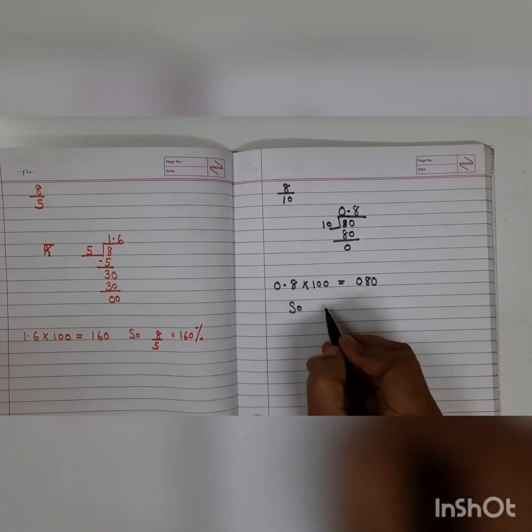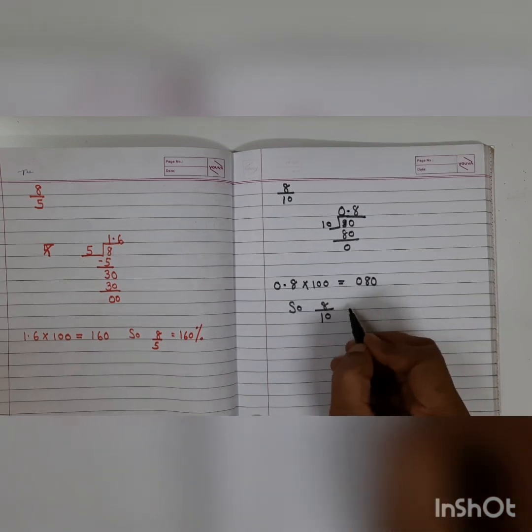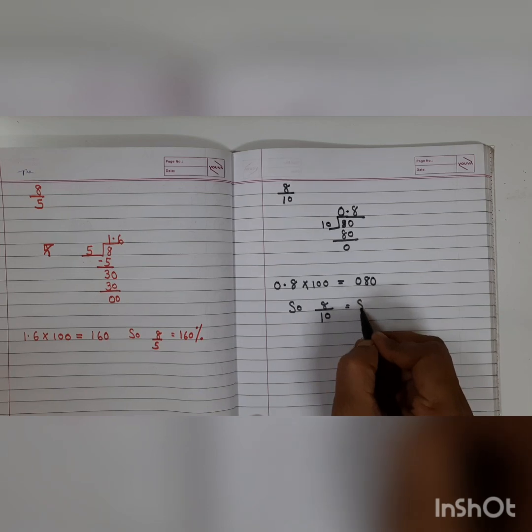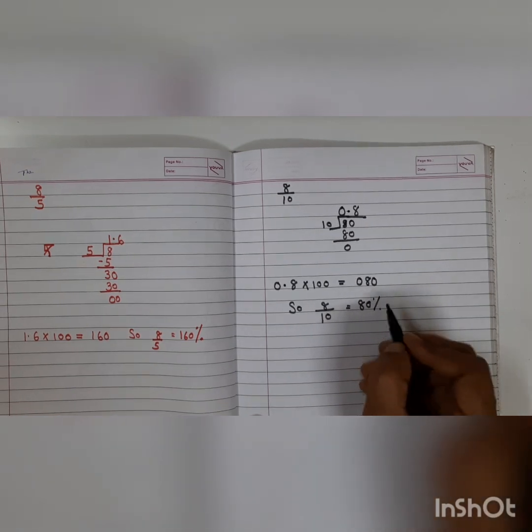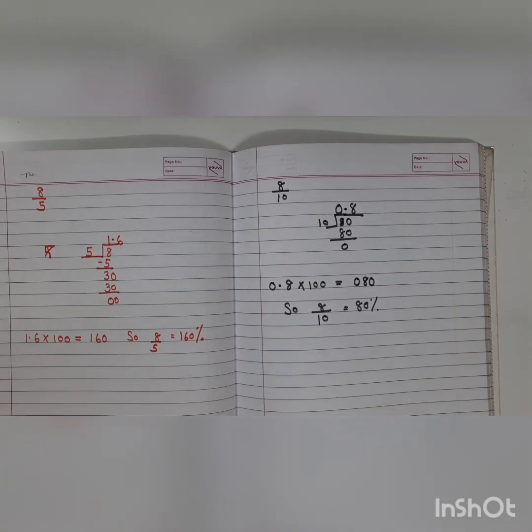So 8 upon 10, the fraction, is equal to 80%. Children, before 8 there is a 0. It has no value. We know all this, children. We have done it. Okay, so that's 80%.